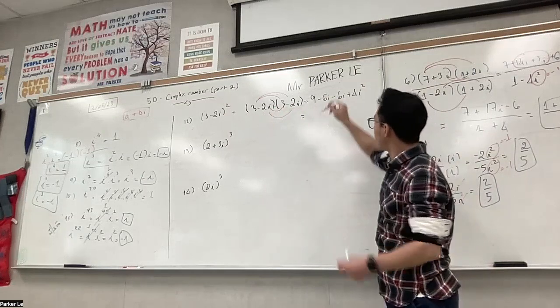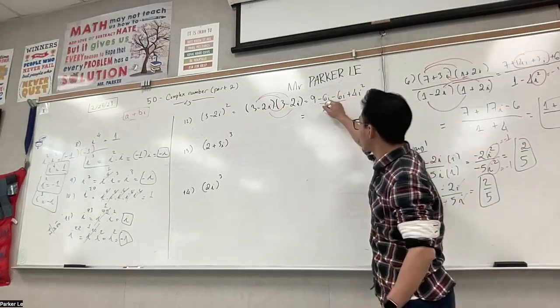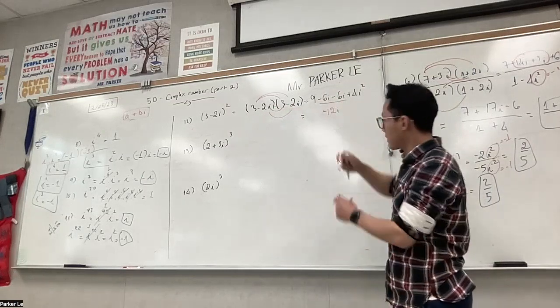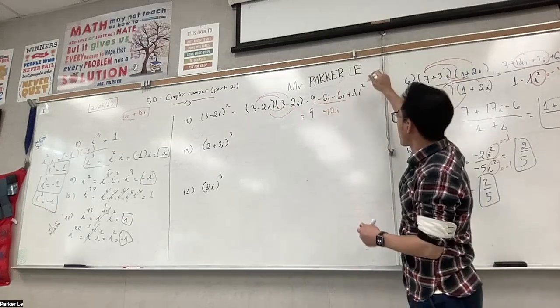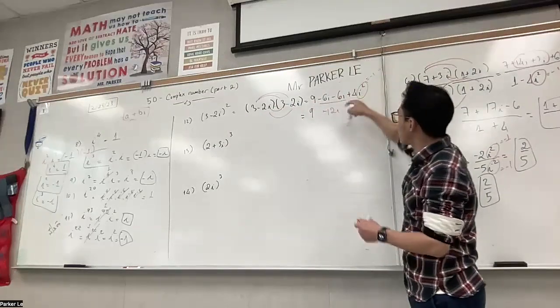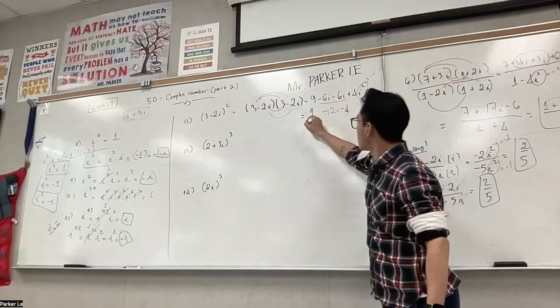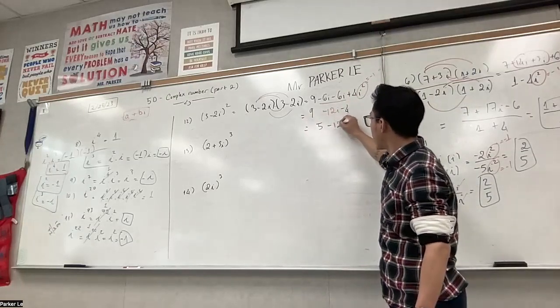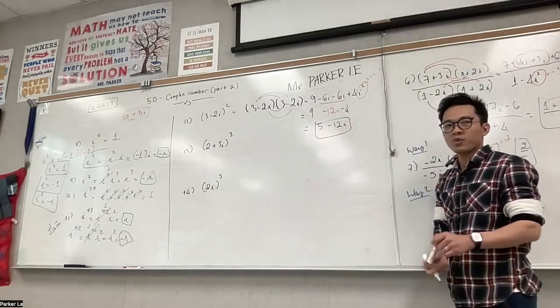And then you combine the terms. Negative 6i minus 6i is negative 12i. And then 4i squared is going to be negative 4, so I flip the sign of the 4. Positive becomes negative. So my answer is 5 minus 12i. 1 down, just 2 more.